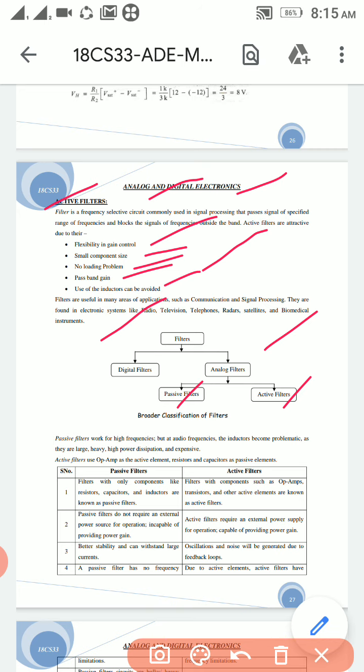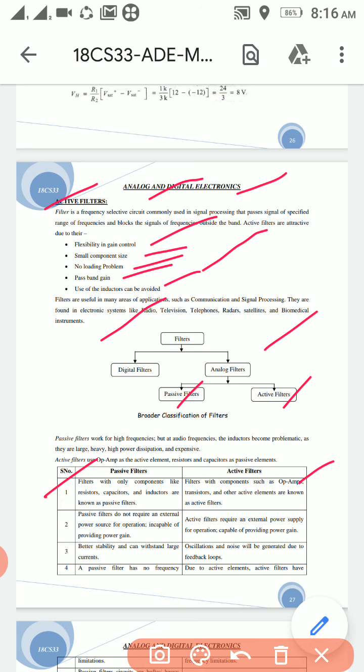Passive filters are filters with only components like resistors, capacitors and inductors. But active filters are filters with components such as operational amplifiers, transistors and other active elements.